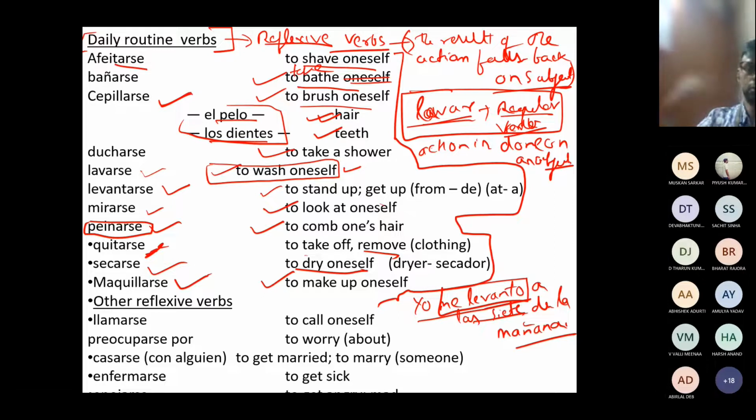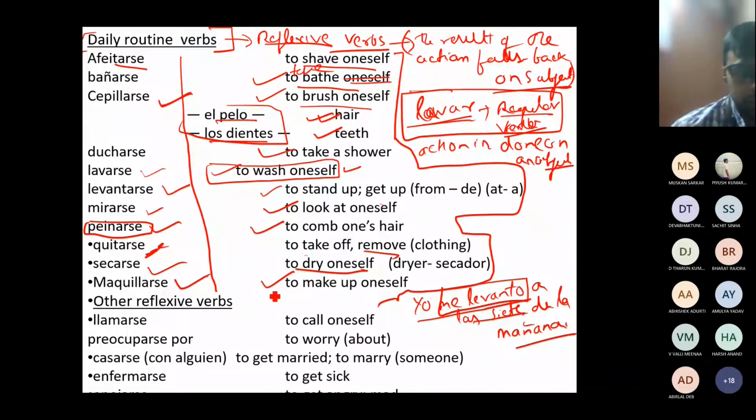When you are doing makeup on your face, you are again doing a reflexive action. The result of the action is falling back on you. You are doing the action on your face, and the result will be on your face. So these are some examples of reflexive verbs which are daily routine activities.